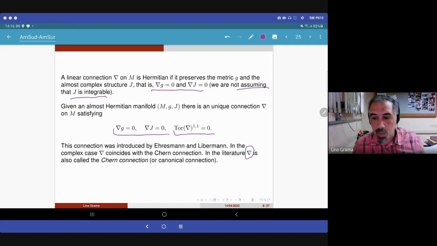This is an abuse, okay? Or, for instance, in some works it appears as the canonical connection. The Chern connection, the connection used by Chern, appears in the holomorphic setup, in the complex setup. This coincides with the Chern connection in the Hermitian case, in the integrable case, but we are not assuming that J is integrable.